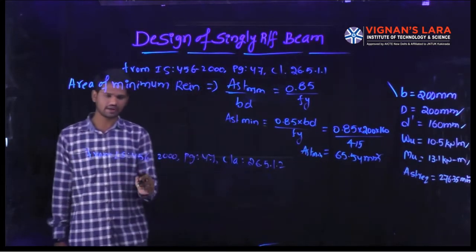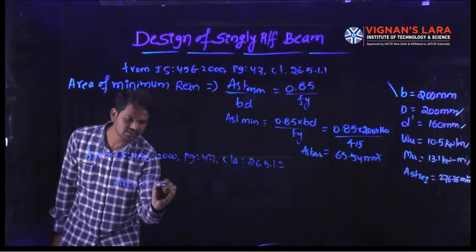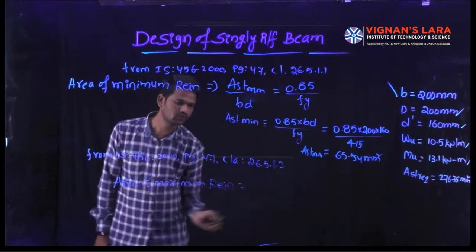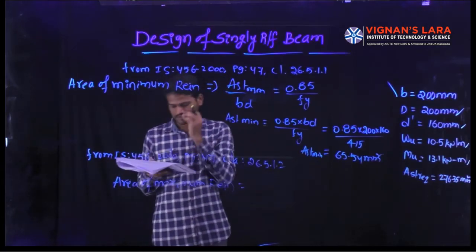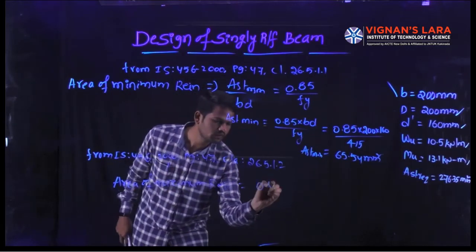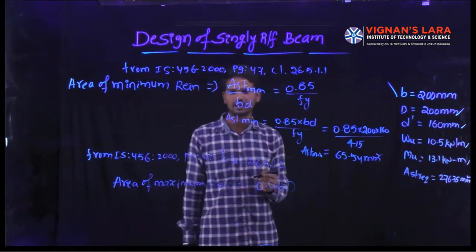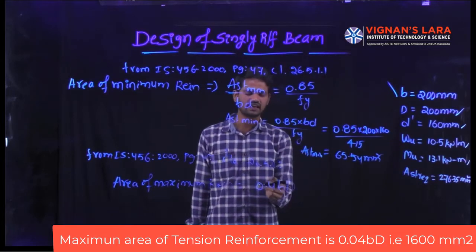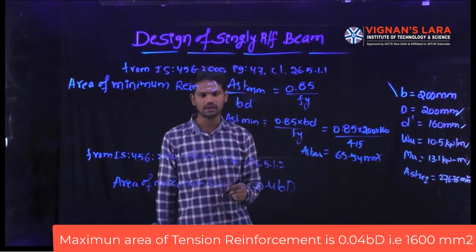reinforcement. That means I am writing here area of maximum reinforcement. The area of maximum reinforcement from IS 456:2000, page number 47 and clause number 26.5.1.2, we are taking as 0.4 into B into D, where B is the width of the beam and capital D is the total depth of the beam.